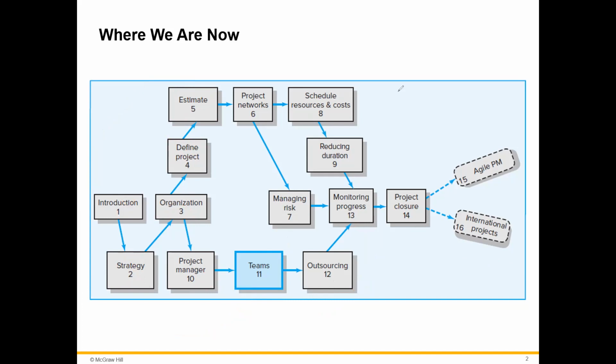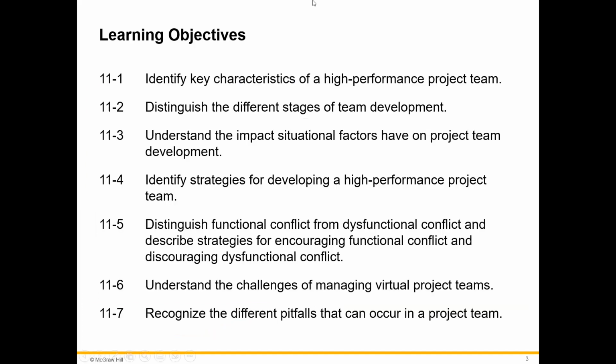So in today's conversation, we're going to identify key characteristics of high performance teams. How can you make a team that's highly performing? We're going to distinguish the different stages of team development. We're going to be talking a little bit more about the areas of development of the teams.